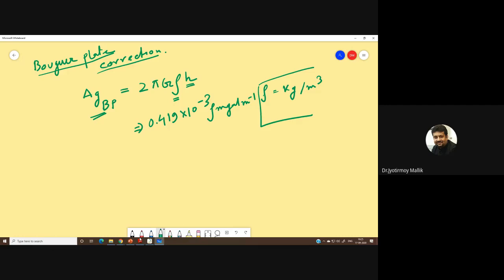So as we said, the Bouguer plate correction must be subtracted if above MSL, mean sea level. If above sea level, then delta G BP must be subtracted, right?